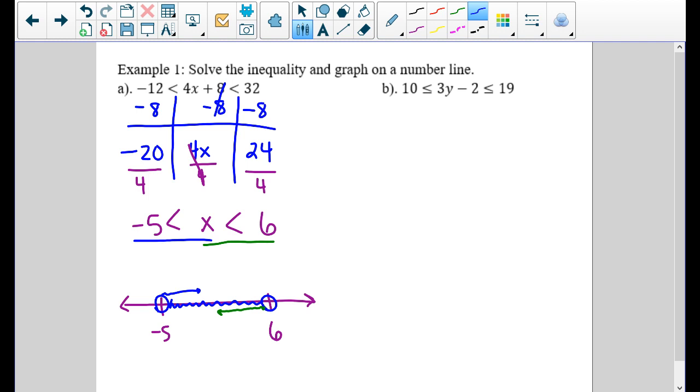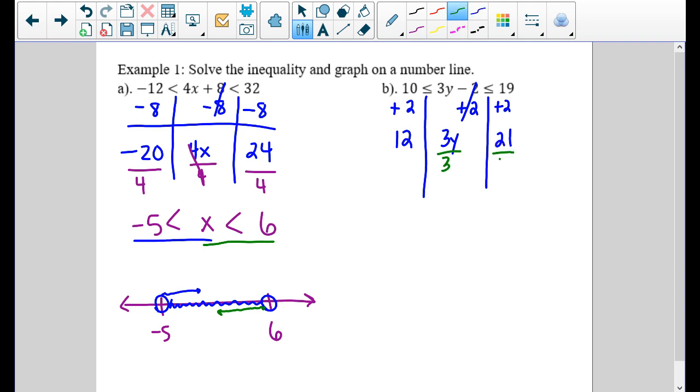So let's take a look at part B. Again, with these I do like to separate it just because there's three parts. If you don't want to, you still don't have to. So get rid of that minus 2 by adding 2 to all three parts. So I have 12, 3y, the 2's cancel, 19 plus 2 is 21.